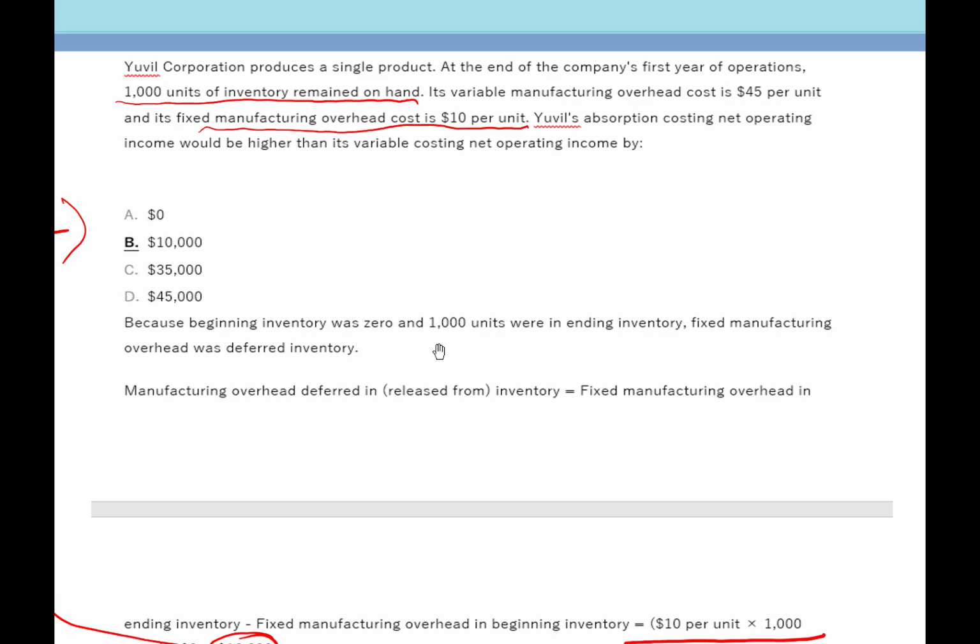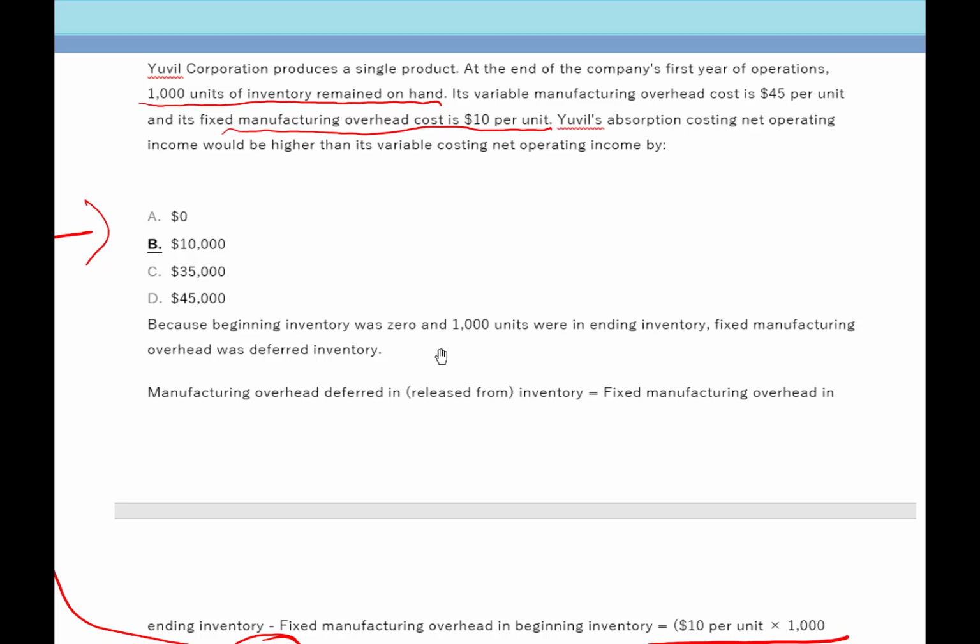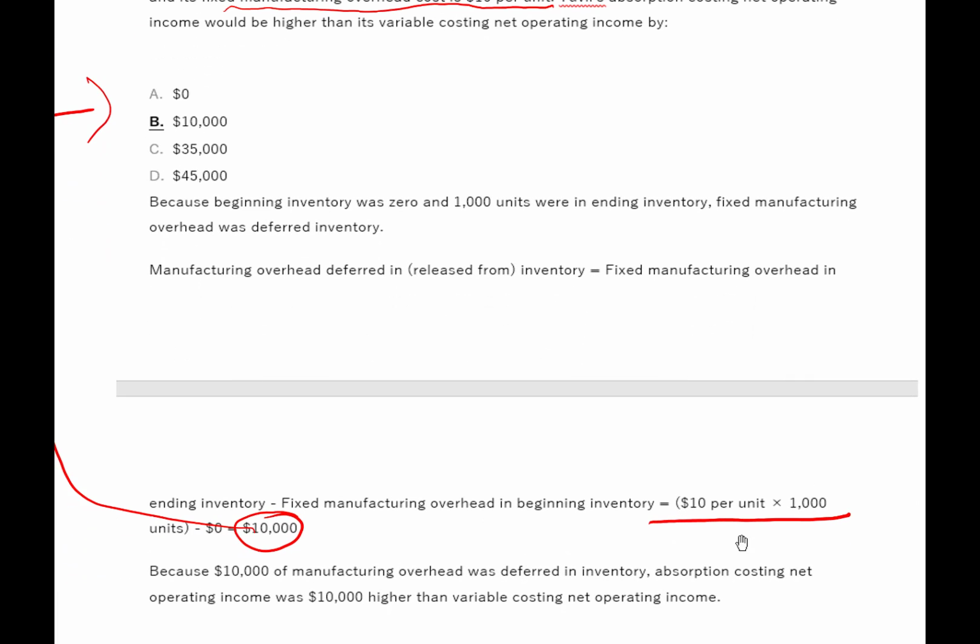It's those 1,000 units still sitting in ending inventory multiplied by the fixed cost per unit of $10. So absorption will have a $10,000 higher net income than variable, because our ending inventory is still holding those 1,000 units at $10 per unit.